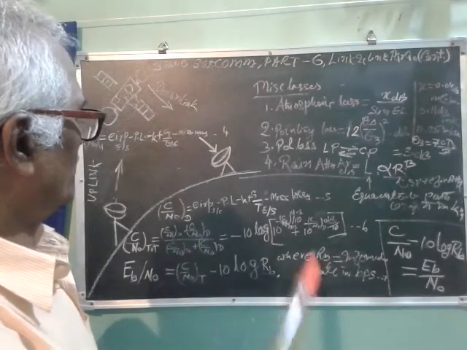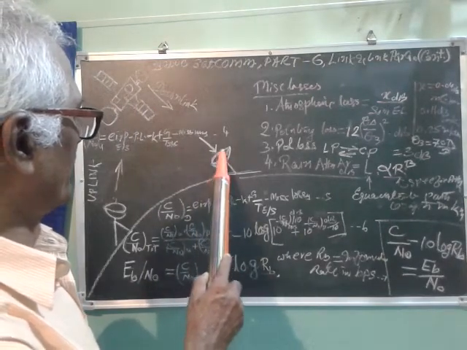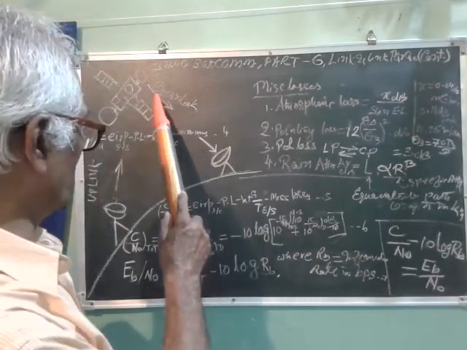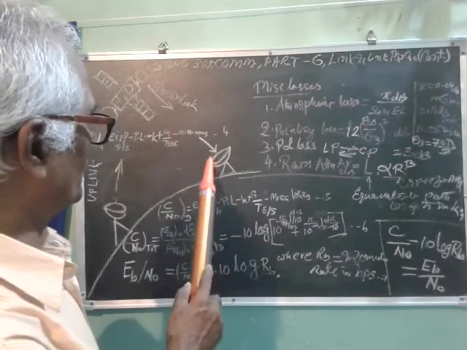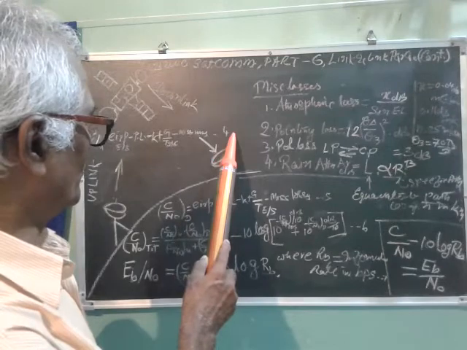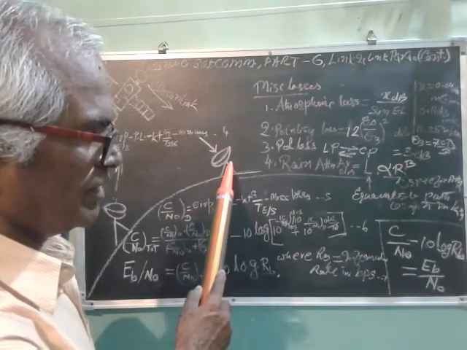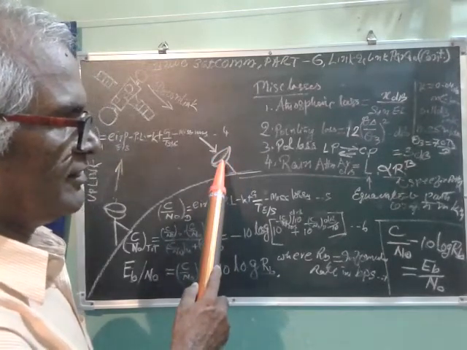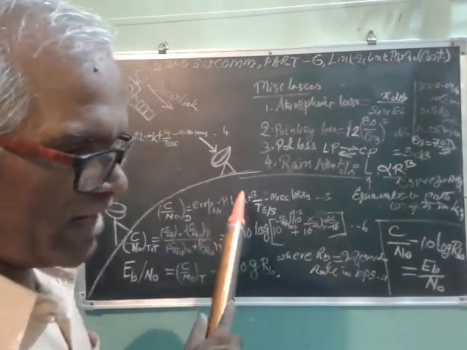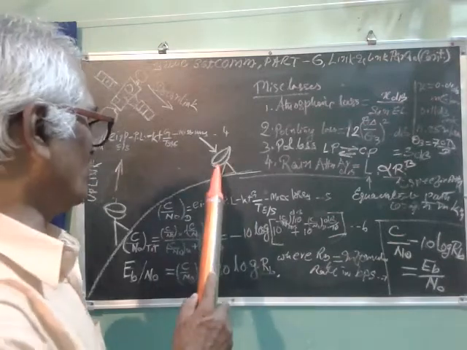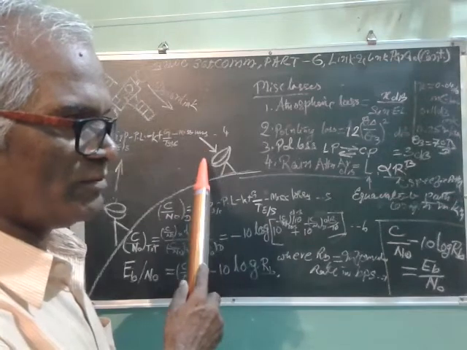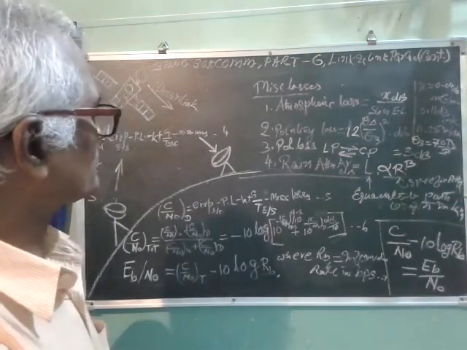That's why, because satellite ERP is limited, we have maximum G by T at the ground station, meaning G is maximum and T is minimum. The design consideration is how to make the system temperature T of the ground receive terminal minimum, to achieve better C by N naught.